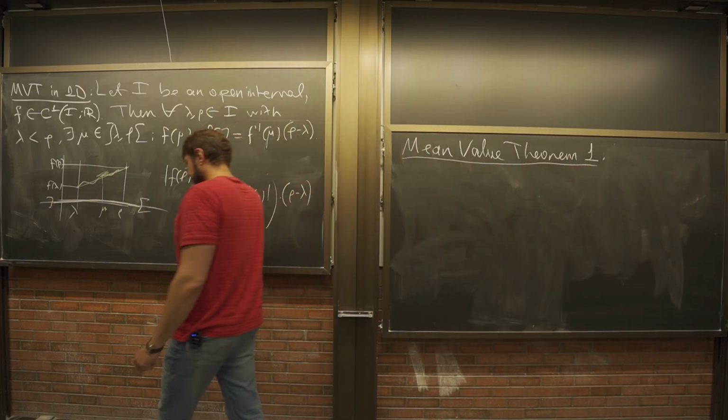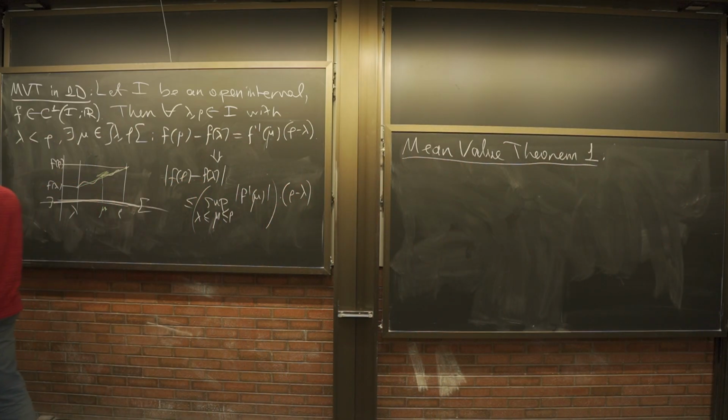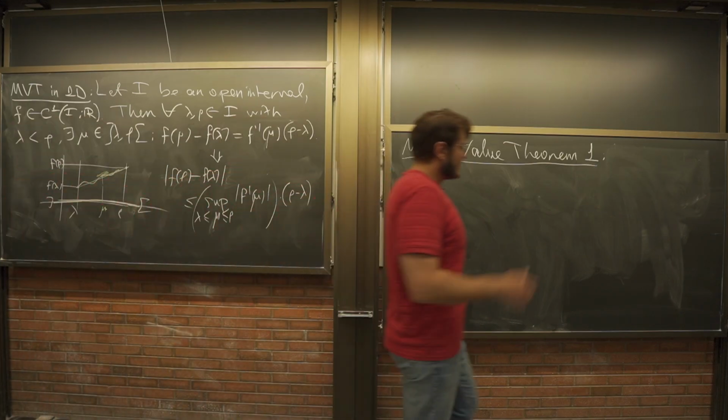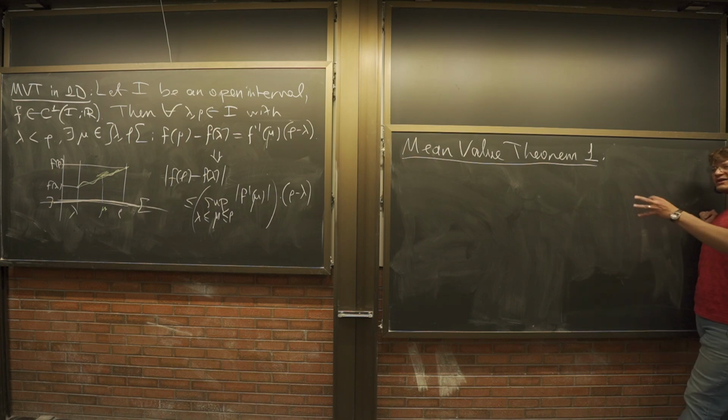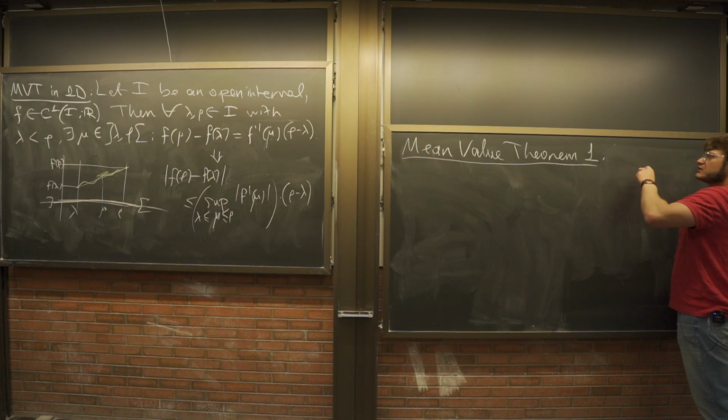How do I want to state this? Let's see. OK. So the standing assumption is that I have an open subset M in E and another open subset N in F. I'm just going to use M in E. And I'm going to say this.